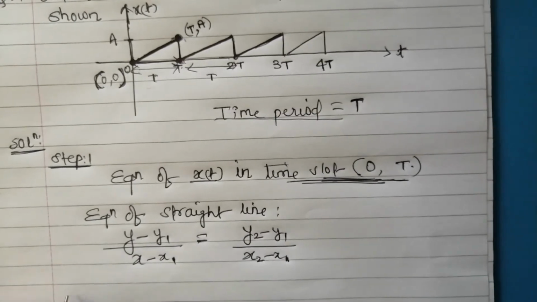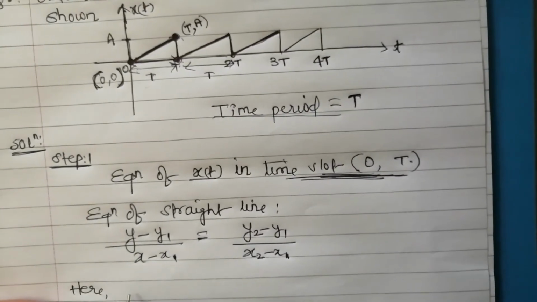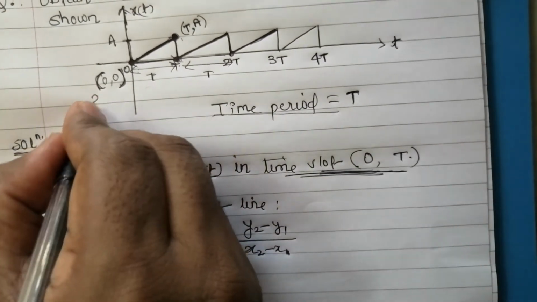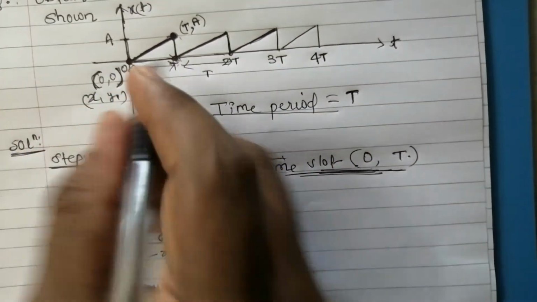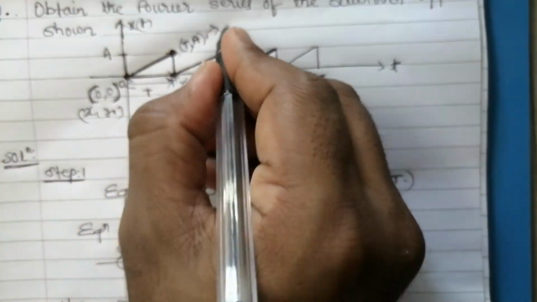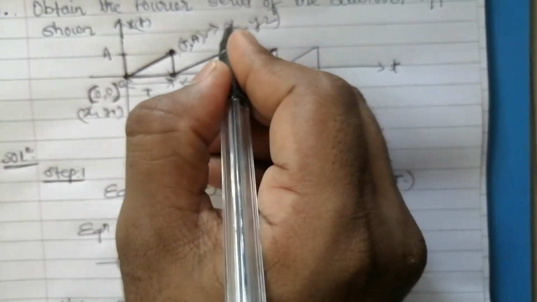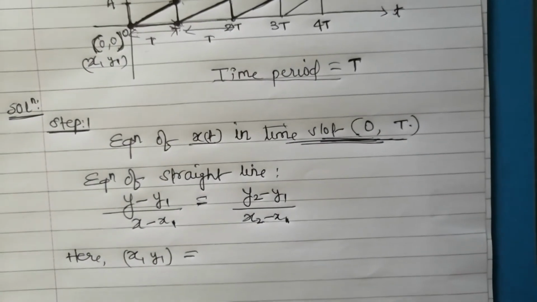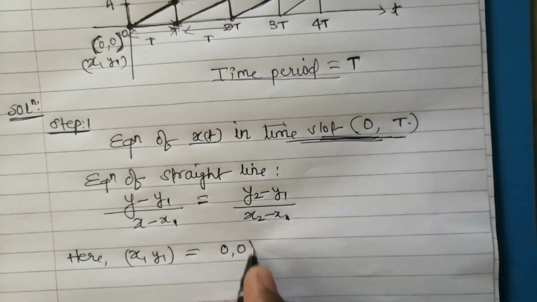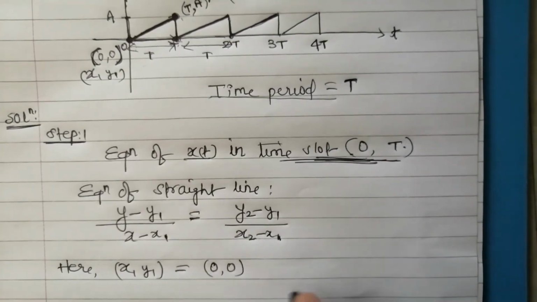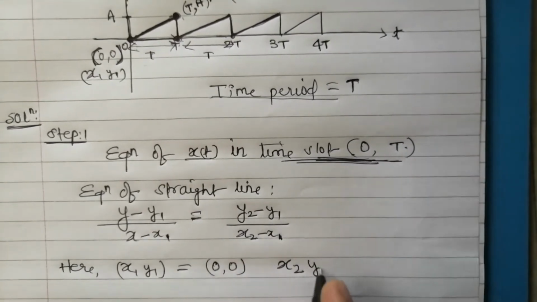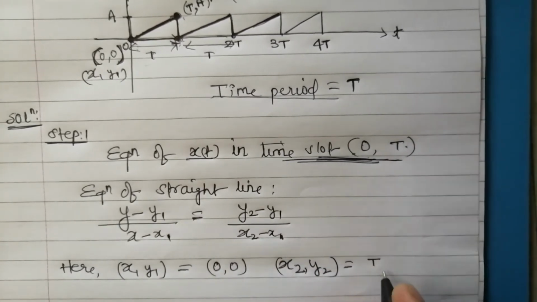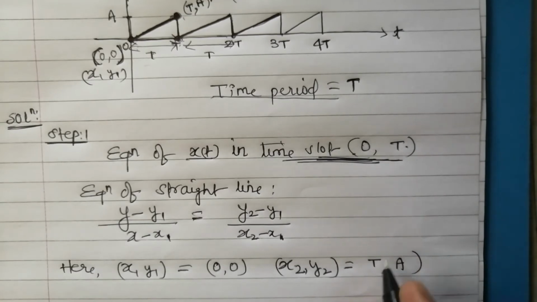So now in the given waveform, what are x1 and y1? Let us suppose this is x1, y1, and this is x2, y2. So x1, y1 is 0, 0, and x2, y2 is t, a.